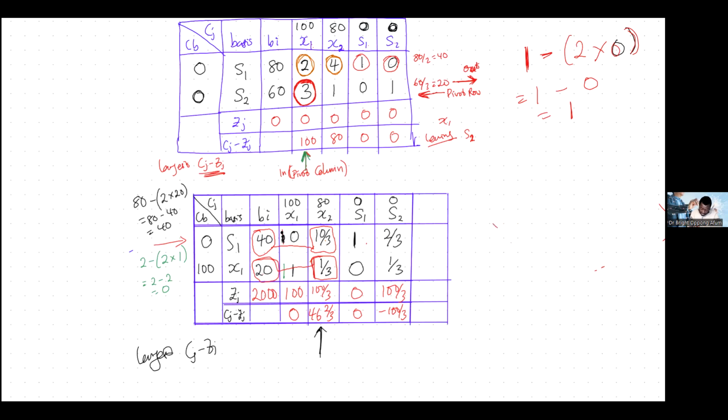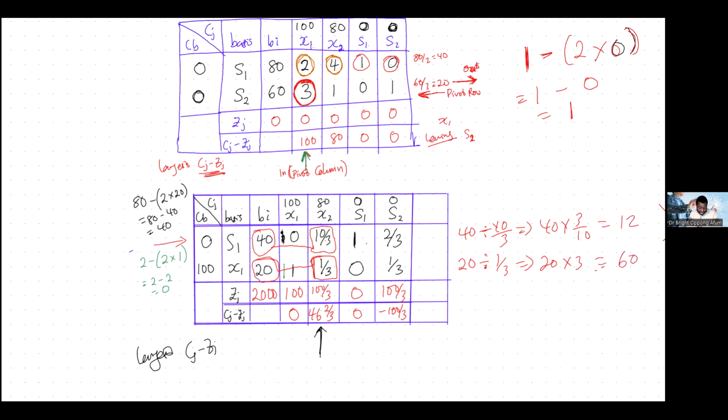Let me do it. 40 divided by 10 over 3 is the same as 40 times 3 over 10, right? Then 20 divided by 1 on 3, which is actually 20 times 3. And this one will be 12, and this one will be 60.